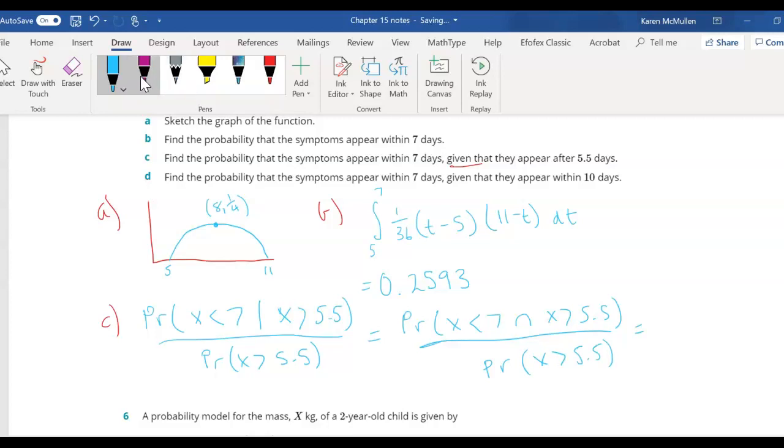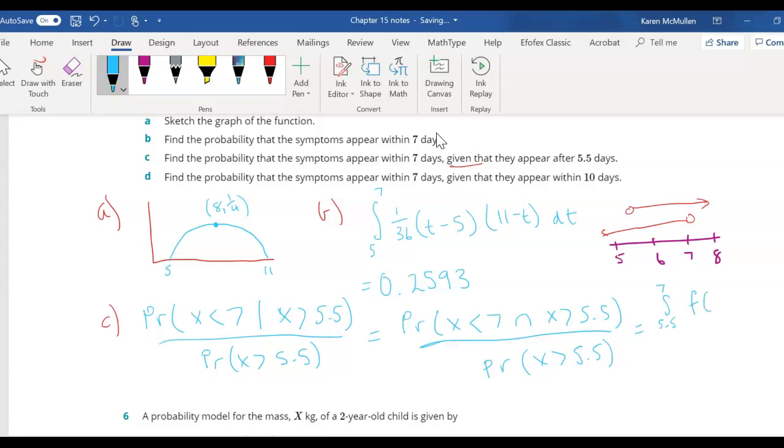All right, so looking at your intervals, if I've got a number line, 5, 6, 7, 8. My first condition is x is less than 7. And then the second one is x is greater than 5.5. Okay, so what we have in common is 5.5 to 7. So we're going to do from 5.5 to 7 of our function.